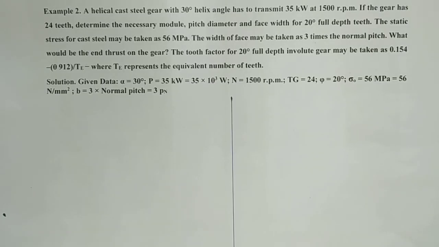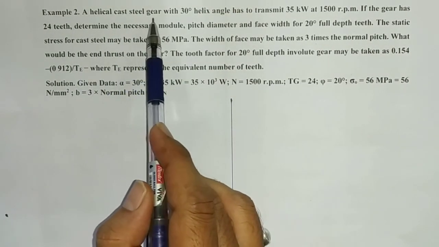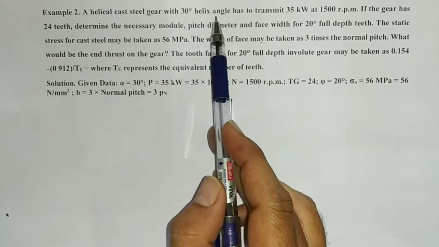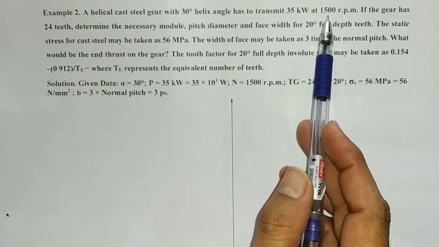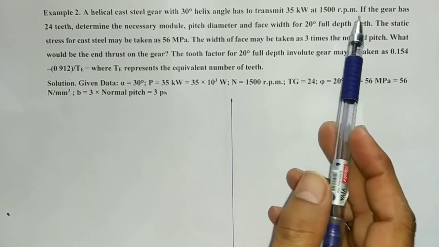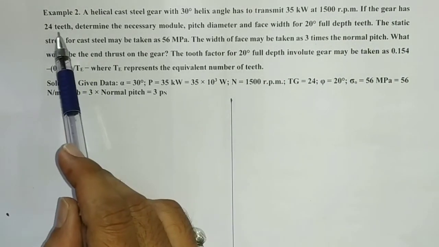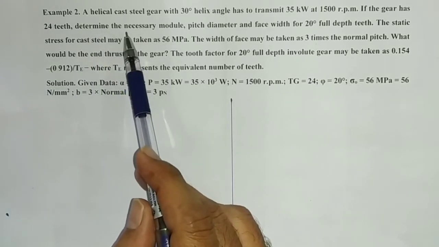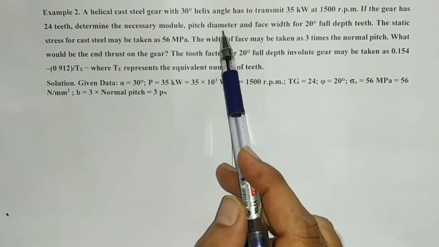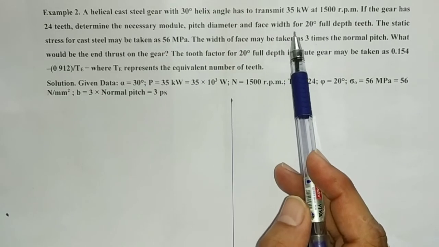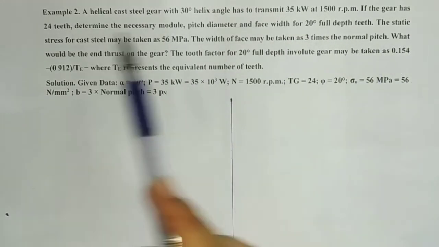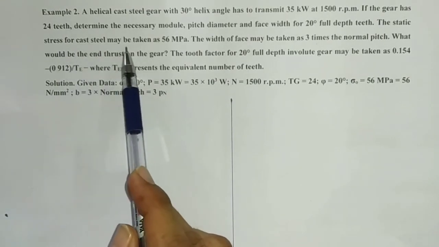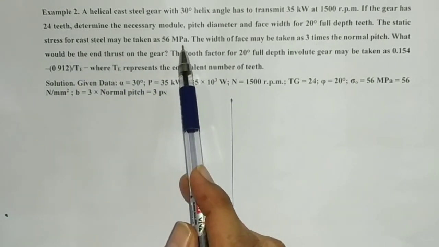Now let us solve the next example. Example number 2. A helical cast steel gear with 30 degree helix angle has to transmit 35 kilowatt at 1500 rpm. If the gear has 24 teeth, determine the necessary module, pitch diameter and face width for 20 degree full depth teeth. The static stresses for cast steel may be taken as 56 megapascal.